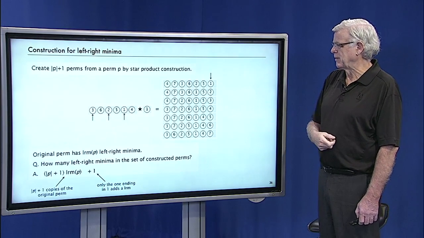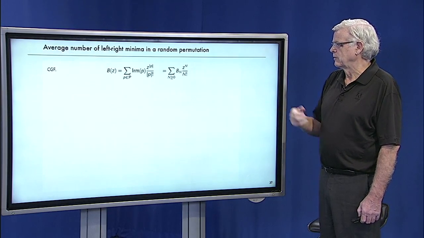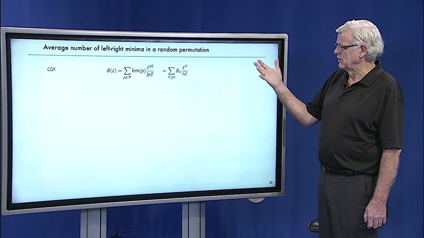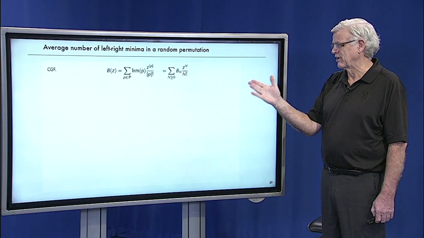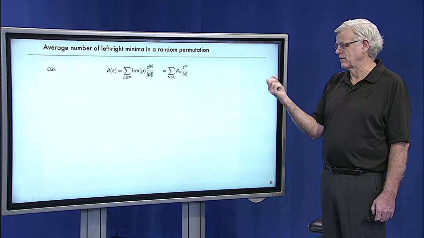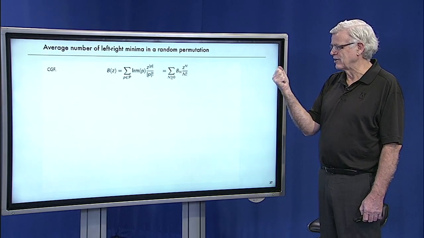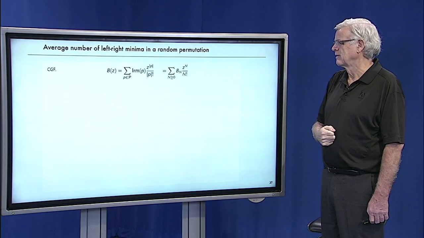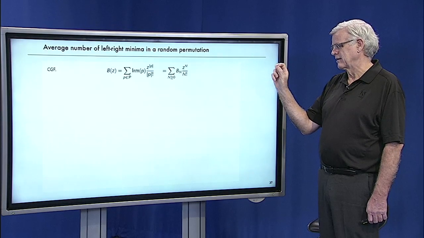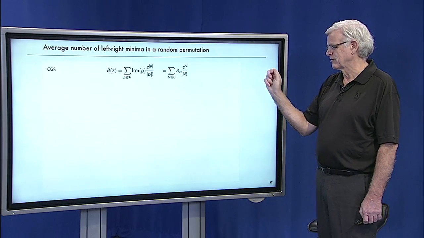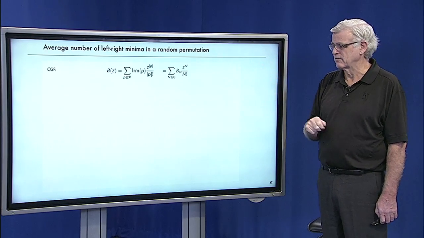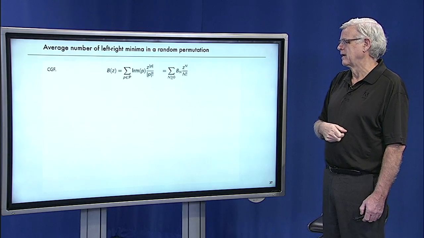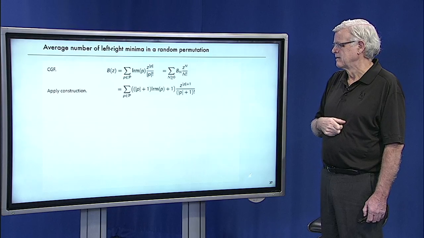So to compute the average number of left to right minima in a random permutation, we define the accumulated generating function, which is the sum for every permutation of its number of left to right minima times z to the size over size factorial. And again, if you group the permutations by their size, that gives the accumulated cost, the exponential generating function for the accumulated cost, which we denote B_n.